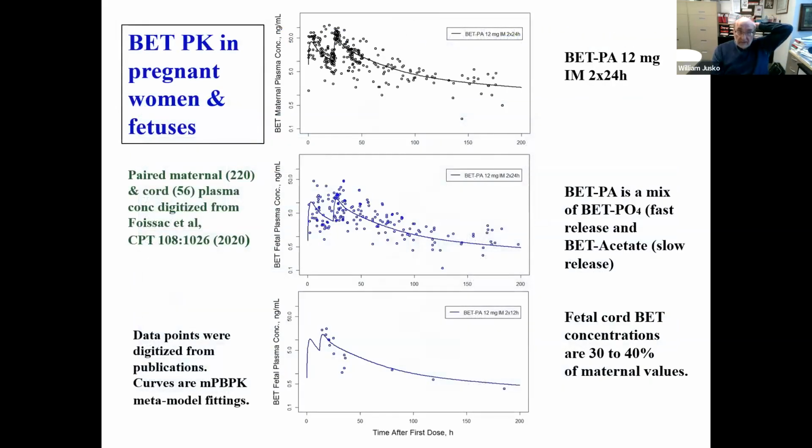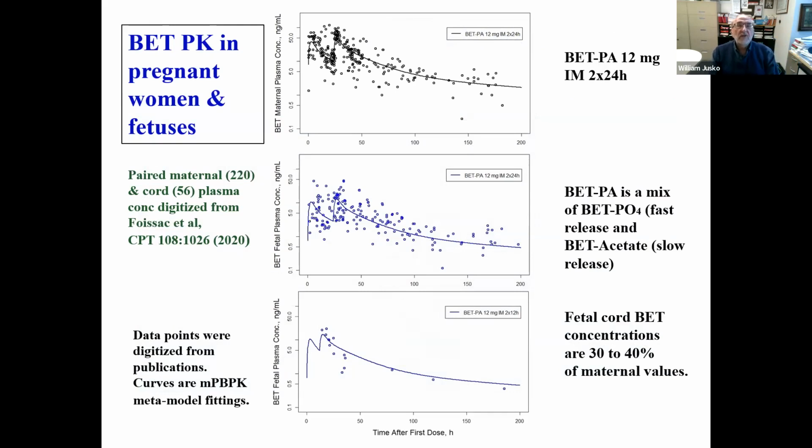So here's the beta pharmacokinetics. So Hosak had very rich data after administration of betamethasone phosphate acetate mixture. That's the standard of care.